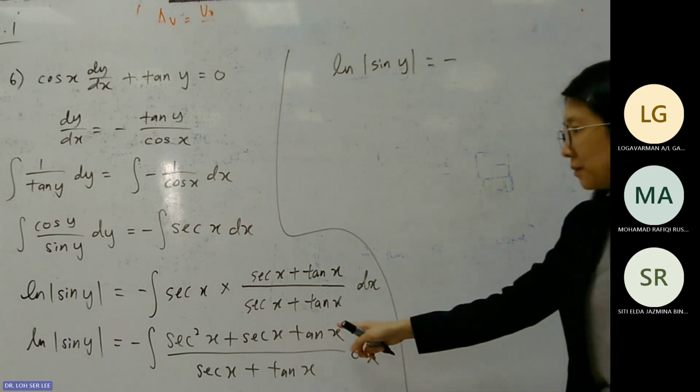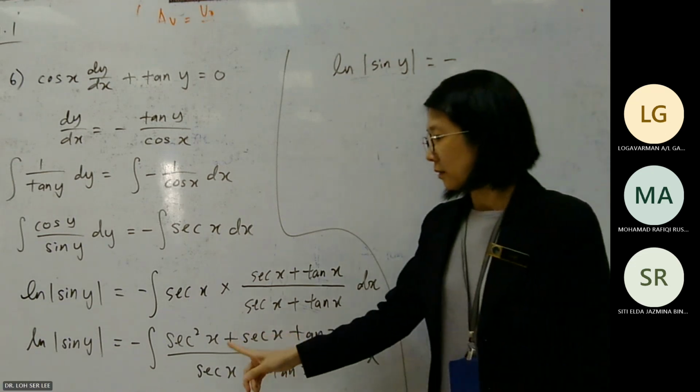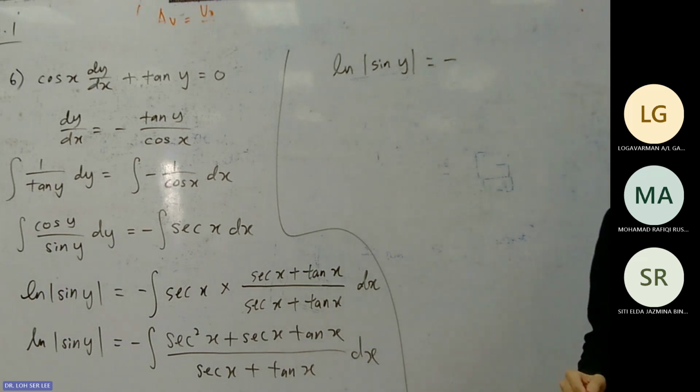So what is this? Use the formula just now. Differentiate secant x. What do you get?